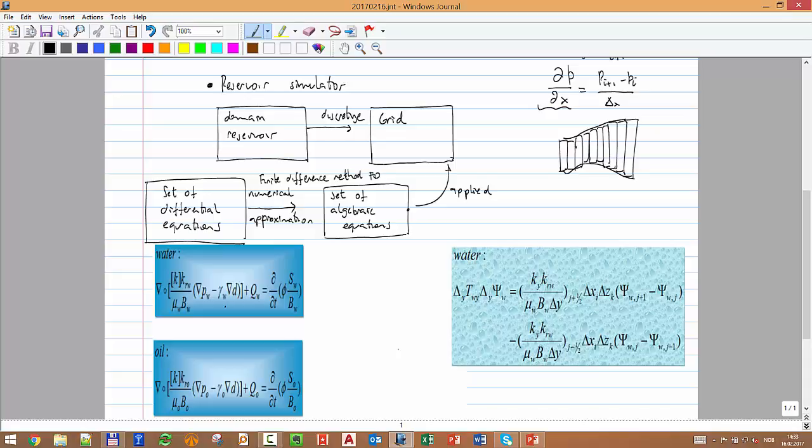So at the end, what you end up with is a system of algebraic equations, and we're going to need more space.